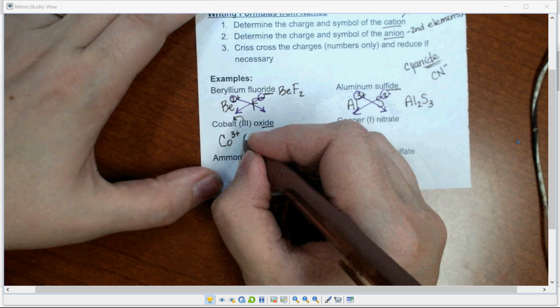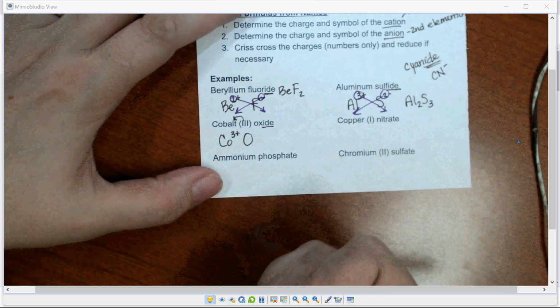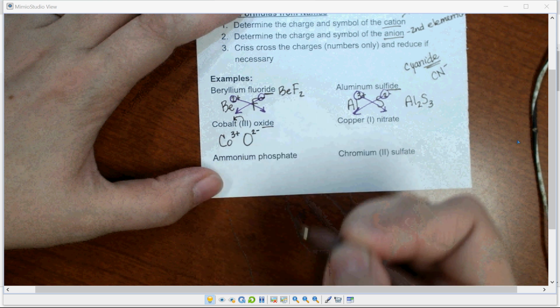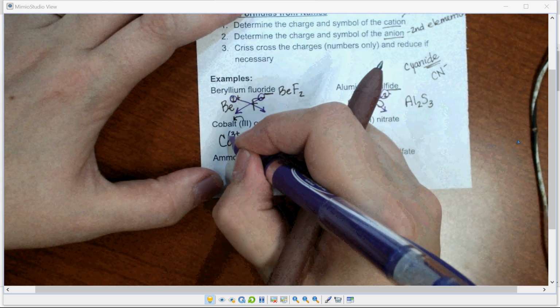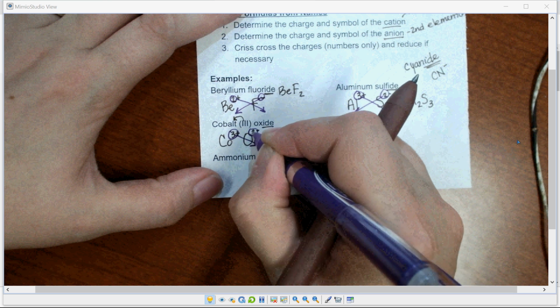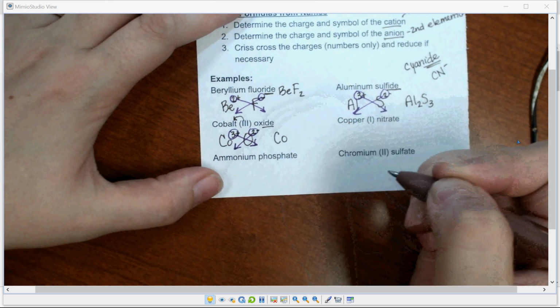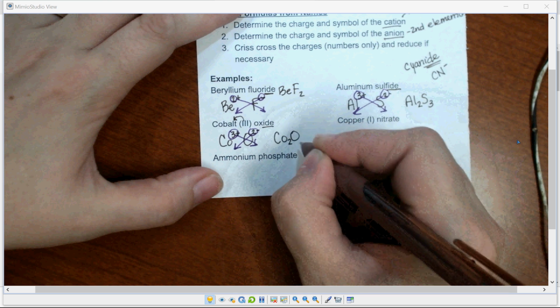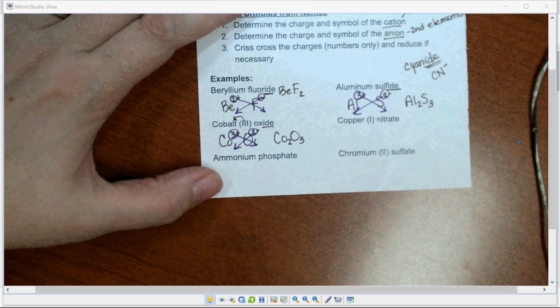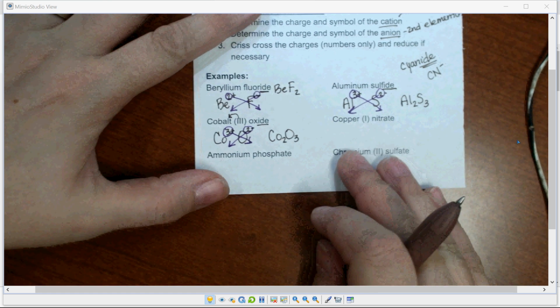Oxide is just oxygen. From the periodic table, it's a 2-. Take those numbers, crisscross applesauce. Co2O3 is the compound.